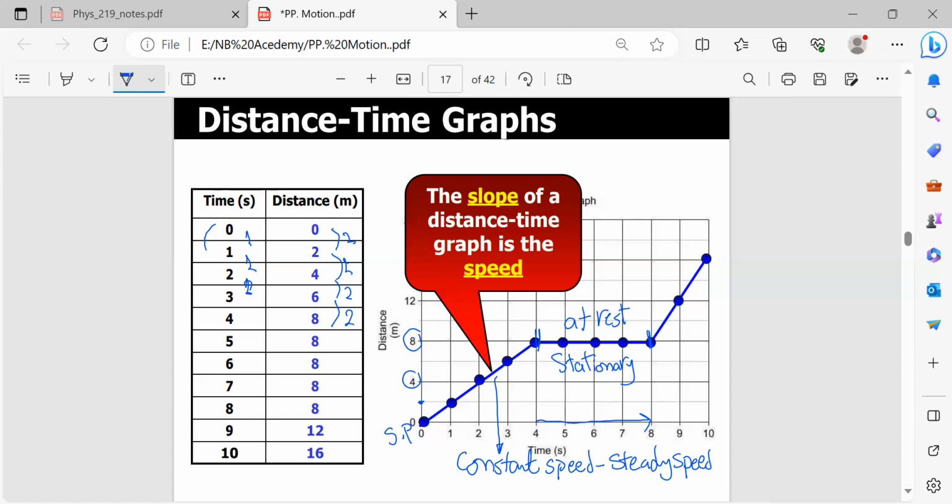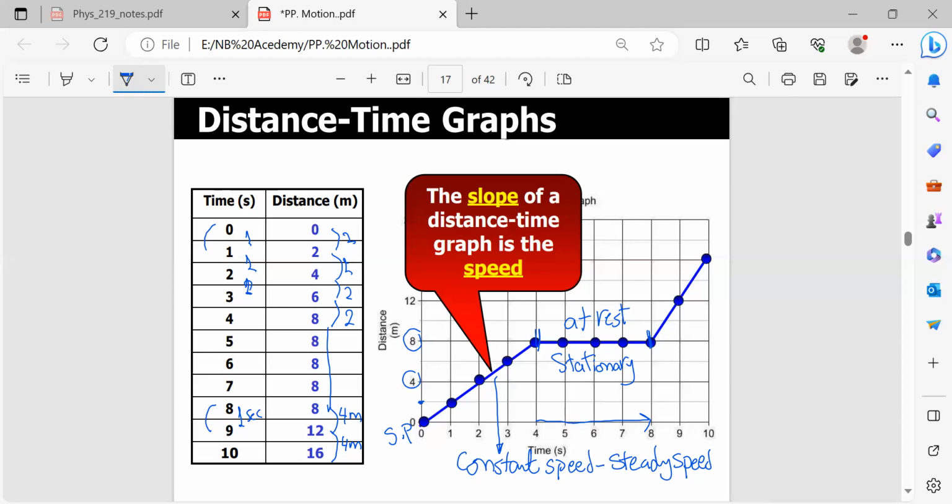It means that the body is moving with constant speed or steady speed. From second 8 to second 9, which is still 1 second, the same interval, the body covered 4 meters. And from 12 to 16, the body covered 4 meters. Here it means that the body moves with constant speed.